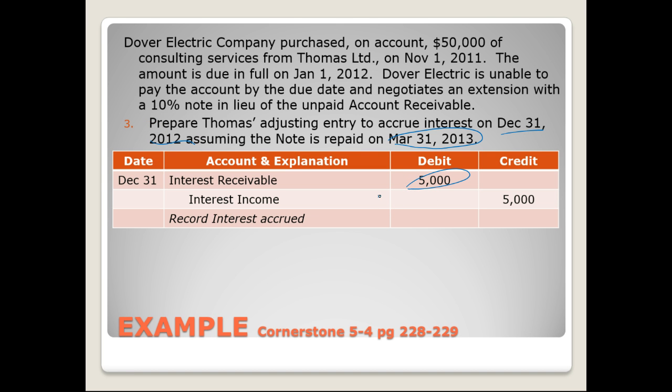They'll get more for 2013, but right now we're just dealing with what interest they're going to be owed for the 2012 period. $5,000 of interest is a debit to interest receivable, and since that can also be recorded as interest income, it's a revenue account, so we've got a credit of $5,000 also. This is the adjusting entry if the note receivable was not repaid until sometime in 2013. We would have to make an adjustment at the end of 2012.